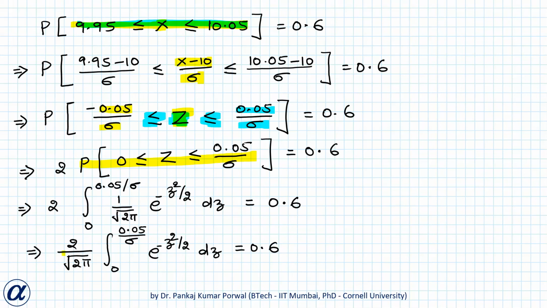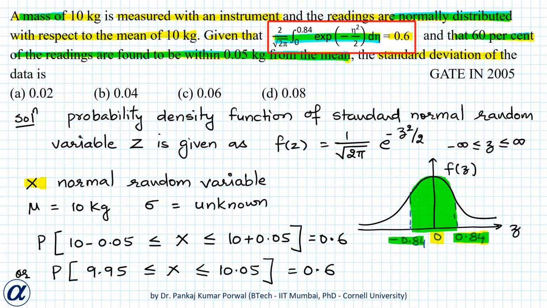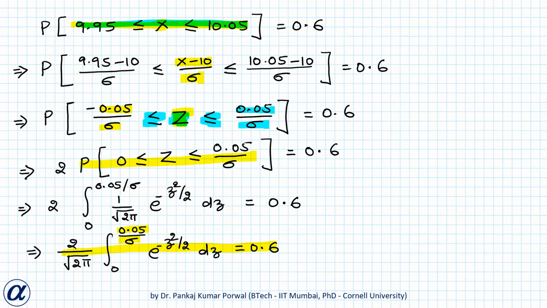And here note that this integral is the same as this integral here, where in this case the dummy variable is eta instead of z. So this upper limit of 0.84 will be equal to 0.05 upon sigma.